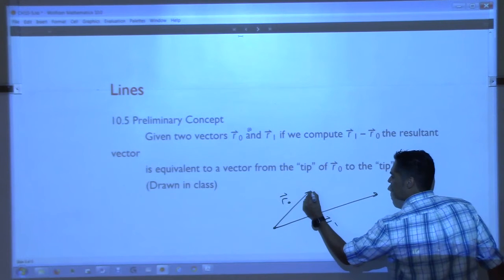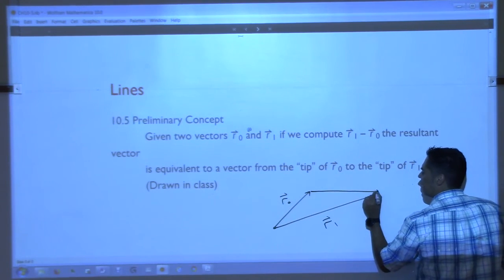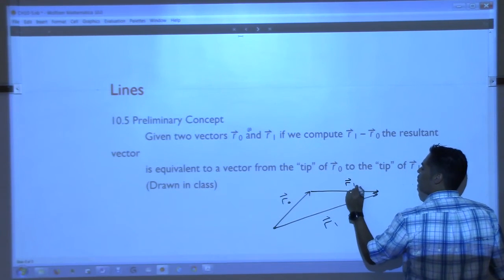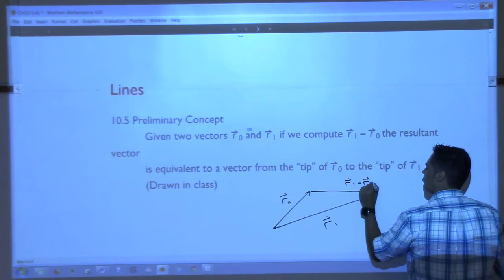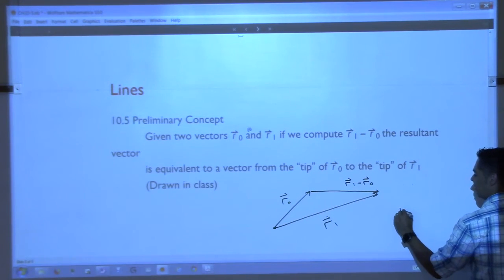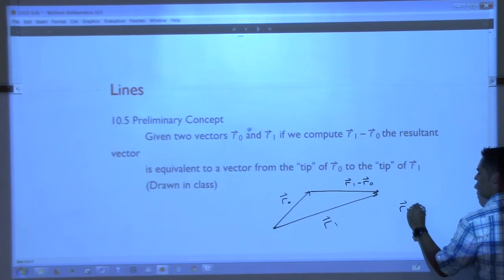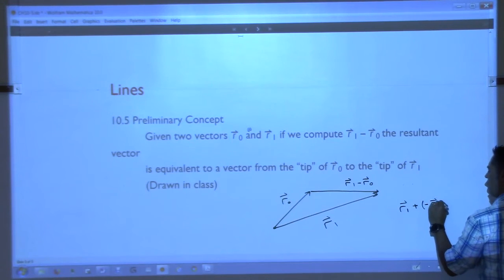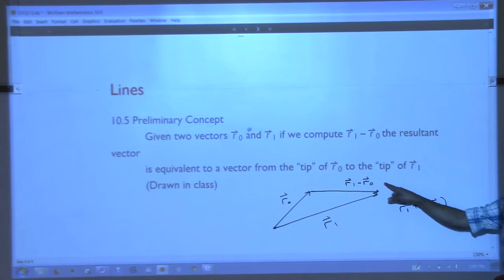So the vector that goes from here to here is R1 minus R0. Do you all agree or disagree? Agree? Remember, this is R1 plus negative R0. That's what this really means, right?